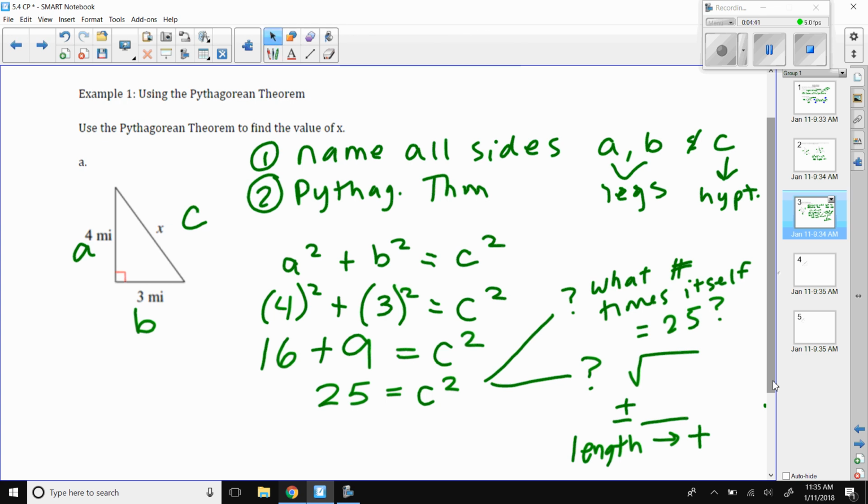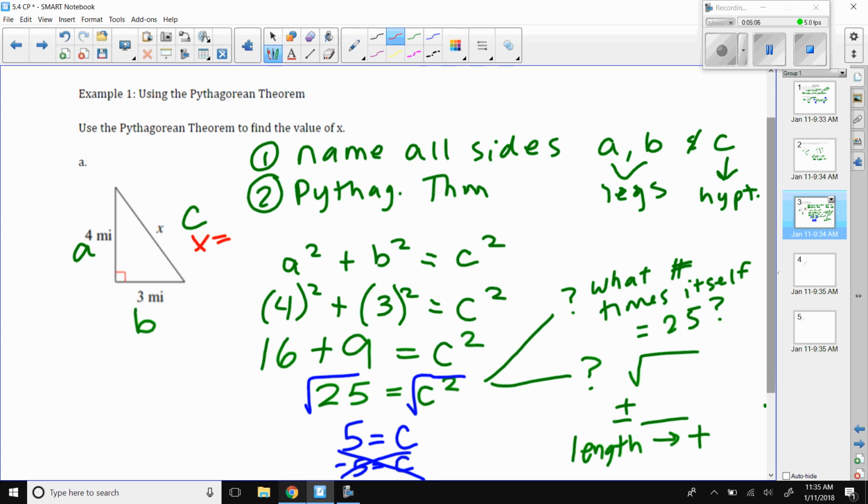So if I take the square root of both sides, or I think about what times what is going to give me 25, I can see that C is going to equal 5, and negative 5 is also going to equal C, but we don't want to use that one because we want an actual length for this one here. So even though it says x, in this case, we're going to have x equal to 5, or C equal to 5.